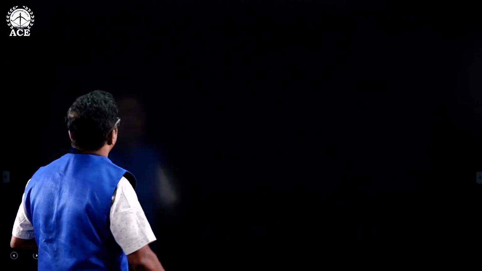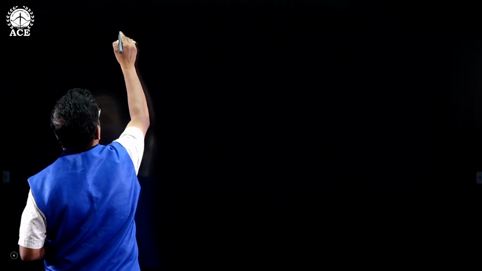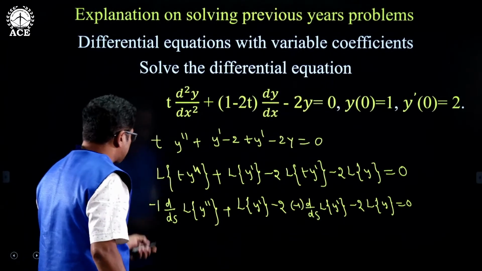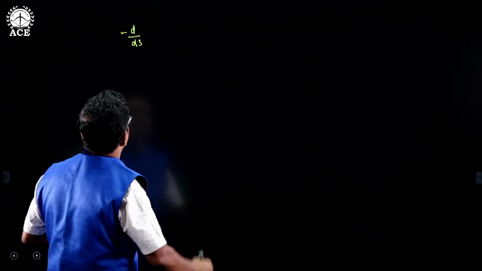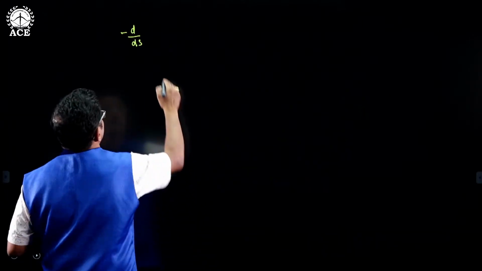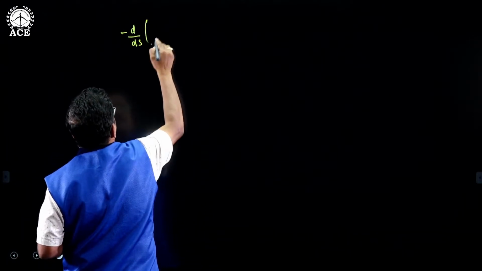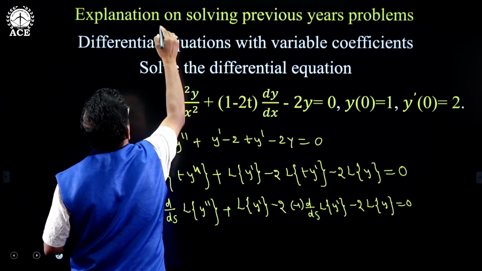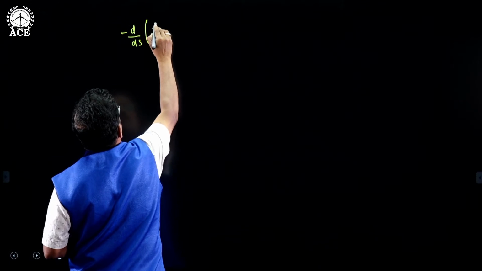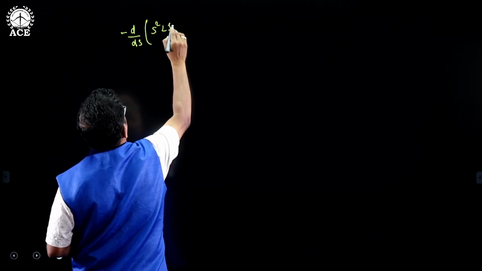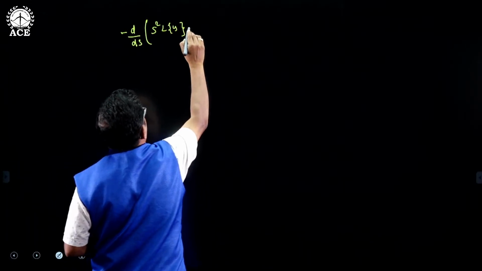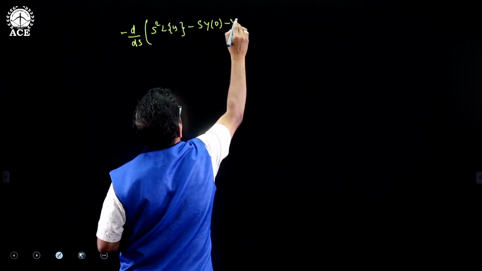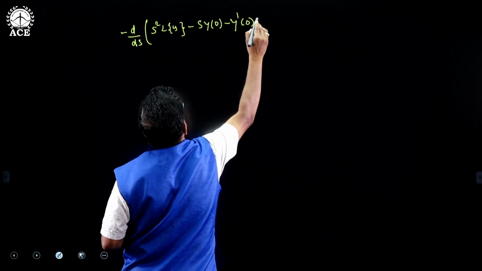Next, minus d by ds of L of y double dash. L of y double dash is s square into L of y minus s into y of 0 minus y dash of 0.